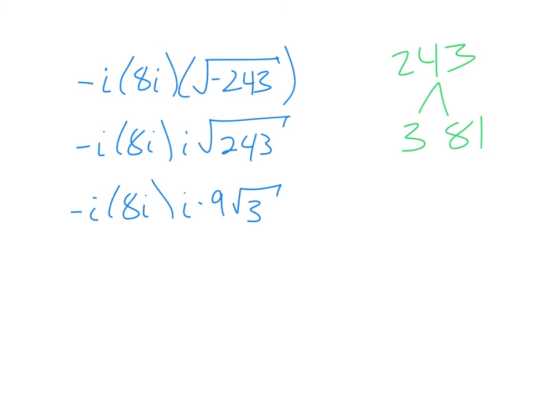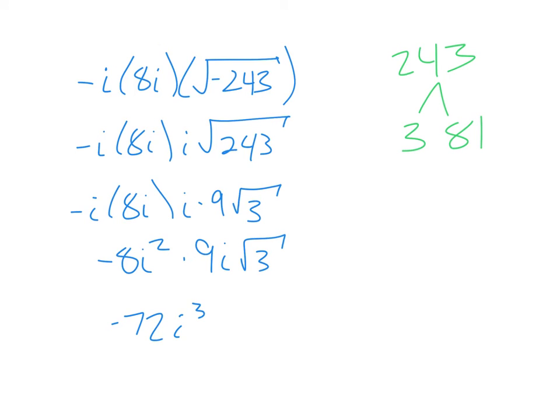So negative i times 8i is what? Times 9i radical 3. So now what? Oh, what's 8 times 9? Okay, so negative 72, i to the what?